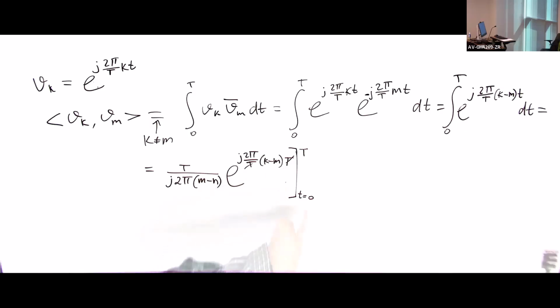What happens when t equals 0? It's 0 times whatever, which is 0, so e to the power of 0 is still 1. So it's 1 minus 1, which will be 0 regardless of what we started with, okay? Regardless of what k and m are, except when k equals m, and then it's different.